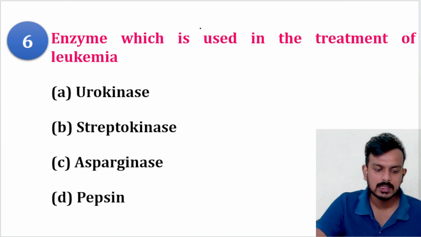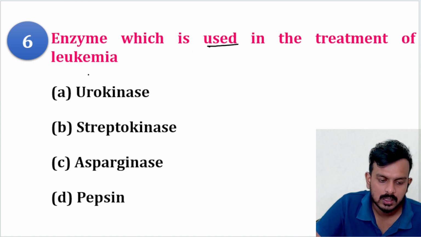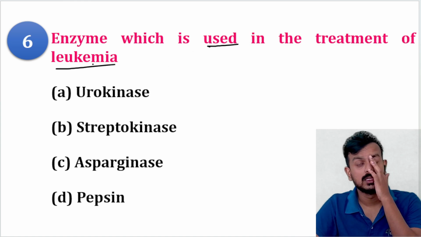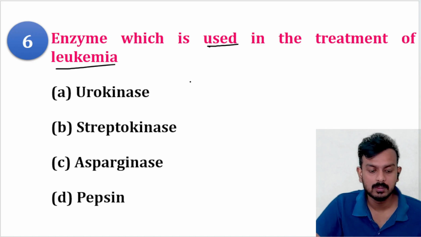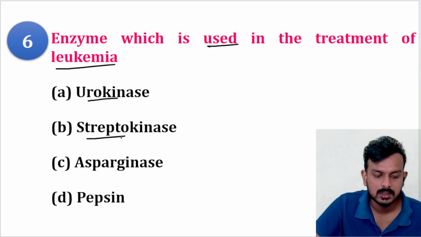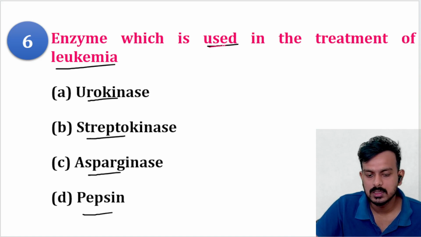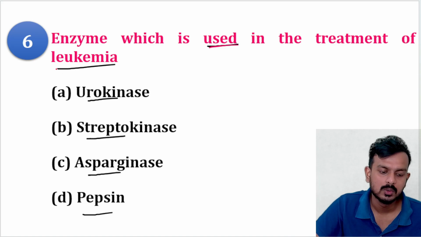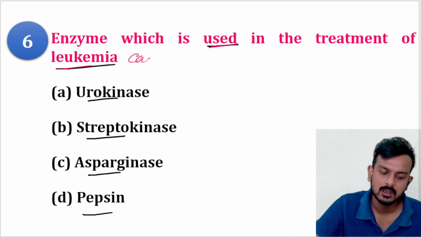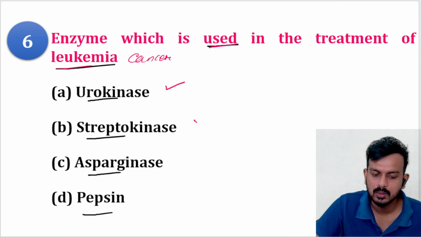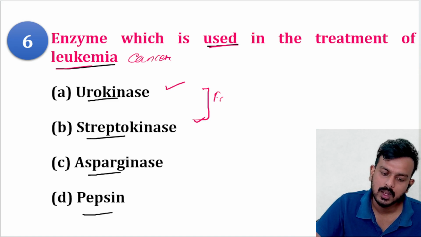Next question. Enzyme which is used in the treatment of leukemia is urokinase, streptokinase, asparaginase, or pepsin. Leukemia means cancer. Streptokinase and urokinase are called fibrinolytics.